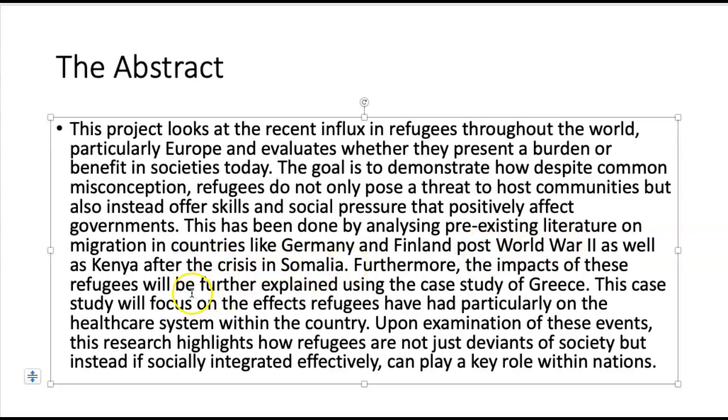Furthermore, the impacts of these refugees will be further explained using the case study of Greece. This case study will focus on the effects that refugees have had, particularly on the healthcare system within the country. Upon examination of these events, this research highlights how refugees are not just deviants of society, but instead, if socially integrated effectively, can play a key role within nations.